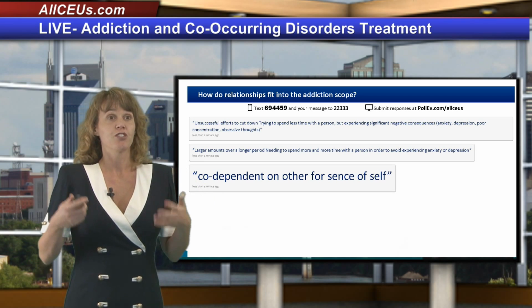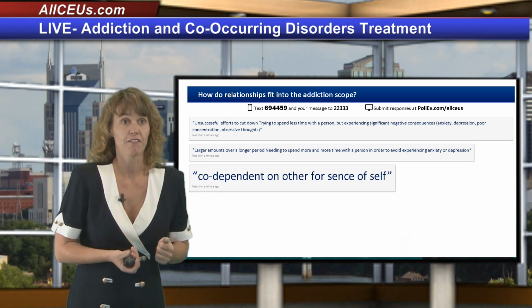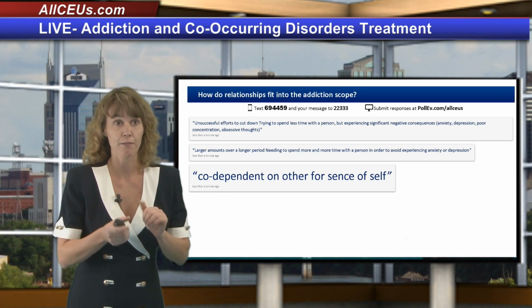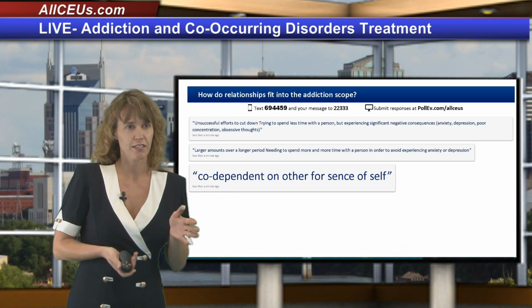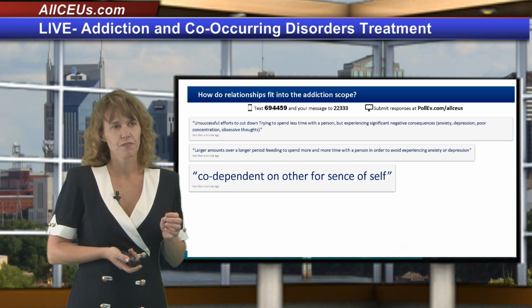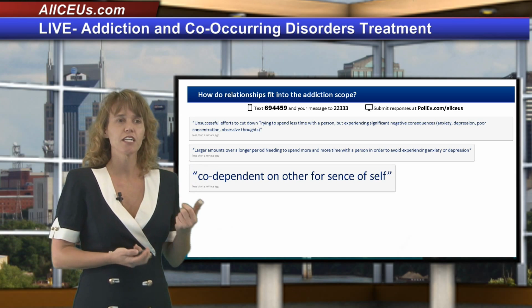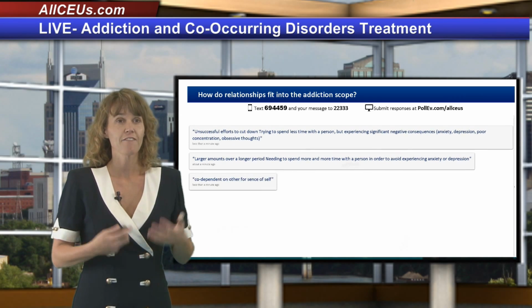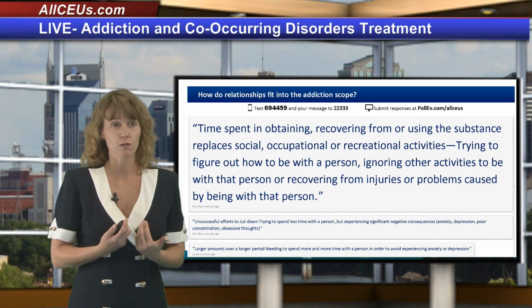Obsessing about that person when you're not with them, having to text them, and if they don't text back right away, going on this text spamming thing because they're not answering. Being codependent on another person for a sense of self. If you need that person to feel whole.